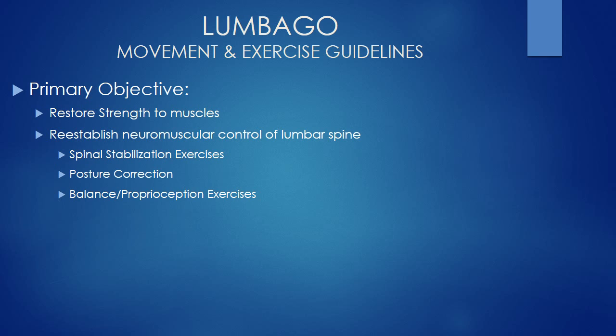Well, we want to implement what we refer to as spinal stabilization exercises. We want to implement balance and proprioception exercises that challenge each of the segmental levels of the lumbar spine. And we do this by also correcting postural faults that create imbalances across the lumbar spinal segments.